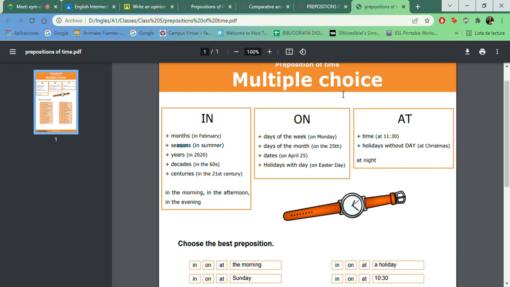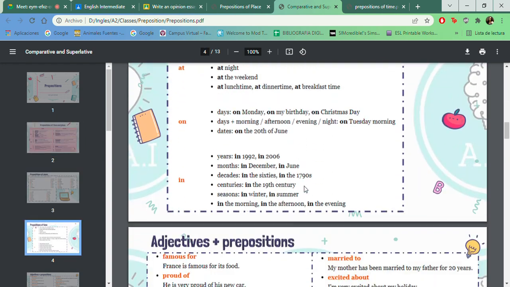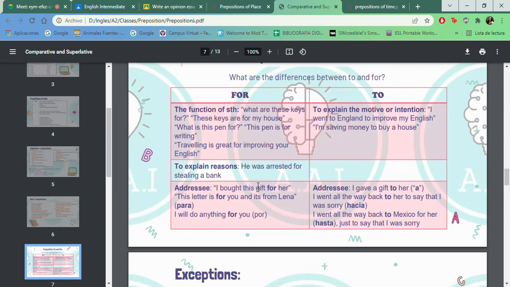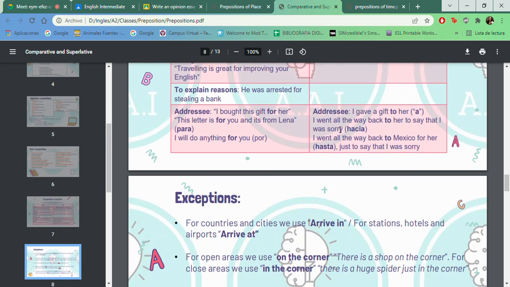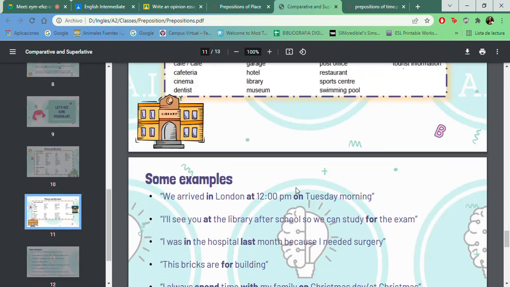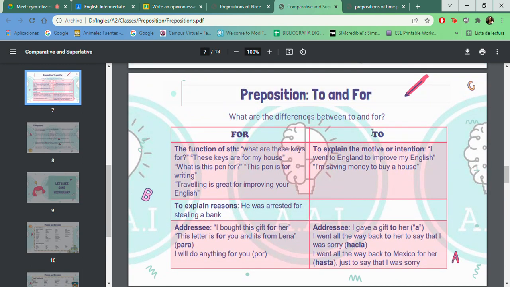Perfect. Excellent. Any questions about it? Or are we okay? You can post this too. Yes, of course, this presentation, yes, of course. Don't worry. Well, the difference between for and to as well, yes, this is from pre-intermediate, but I can post that.